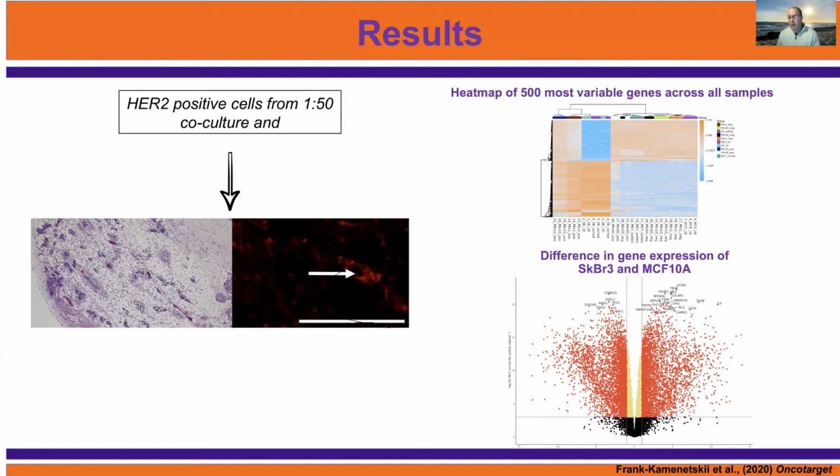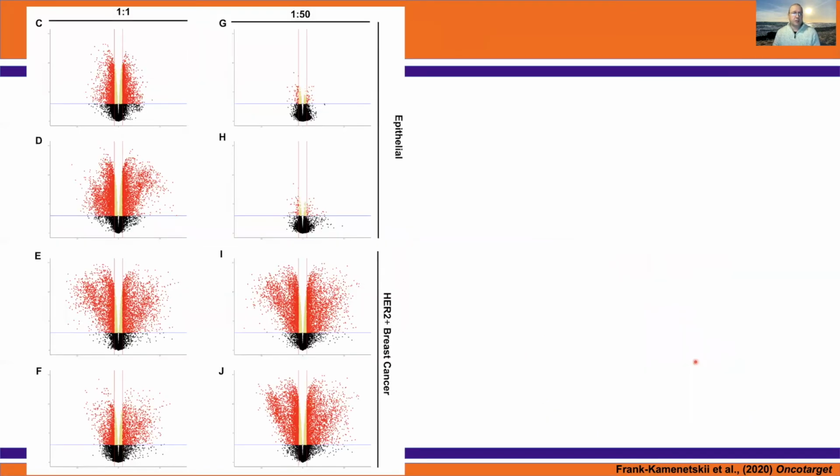So either it's a 2-fold increase or 2-fold decrease, depending on the comparison. So you see thousands of genes that are differentially expressed between the cancer cells and the normal epithelial cells. And there's HER2. And also CD44, which is a marker of breast cancer stem cells, and TGF-beta1, which is a popular gene in cancer research.